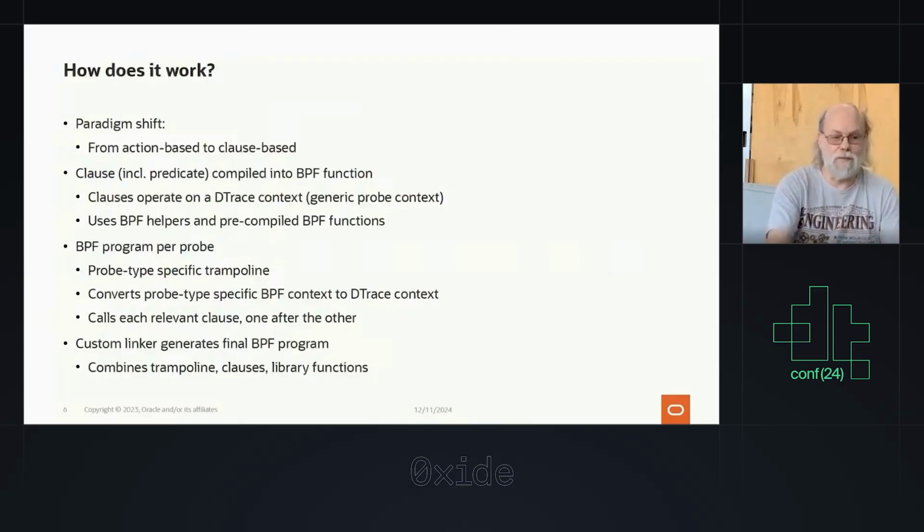To make that possible, we had to structure trampoline code, which is the beginning of the BPF program that gets attached to a kernel-level probe. It massages all the information about the probe into this generic probe context, which also contains the machine state that dtrace needs.